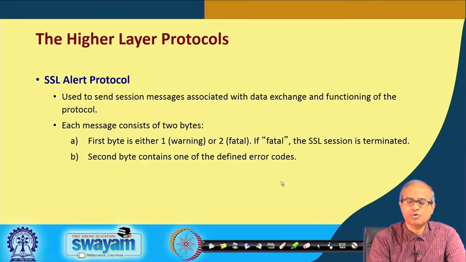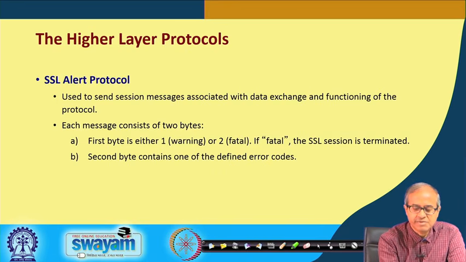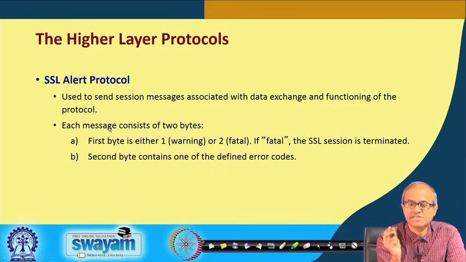Talking about the higher layer protocols, the SSL alert protocol is used to send messages associated with the data exchanges, some errors or some warnings when the data are being sent. These are very short messages, each message consists of 2 bytes.